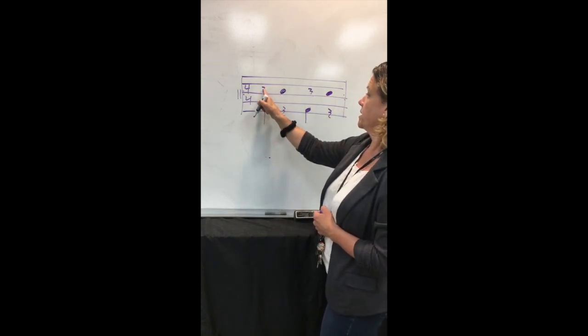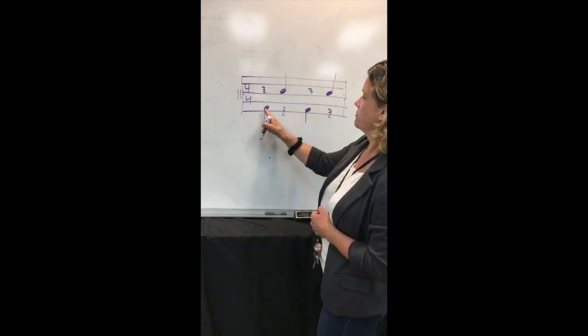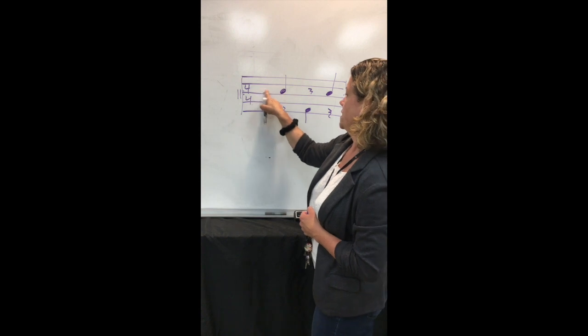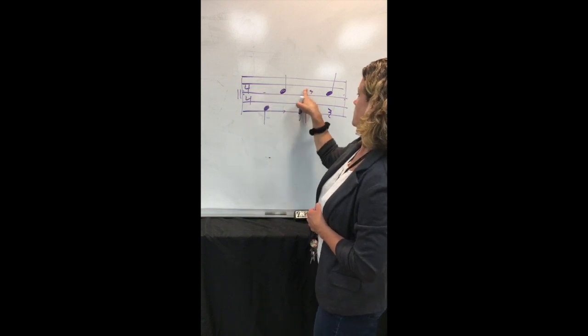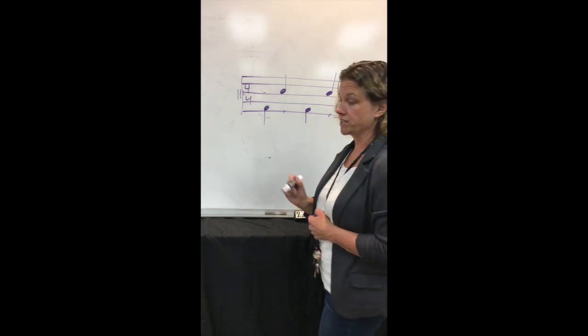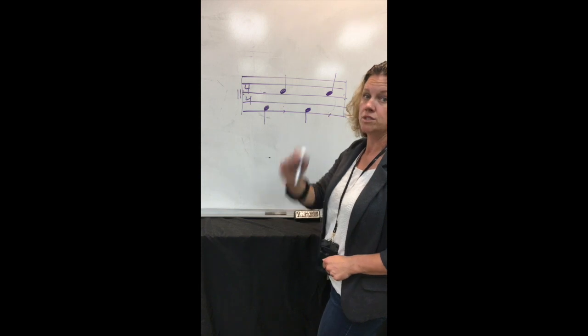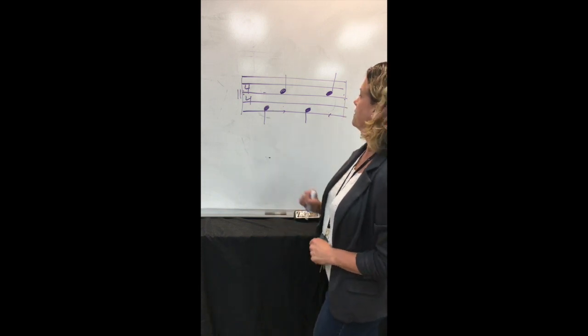So right here my snare is resting, but my kick drum is playing. You can write it like this. And it still means the same thing, and it looks a lot cleaner, doesn't it? Boom, chick, boom, chick, boom, chick, boom, chick. That's what that sounds like.